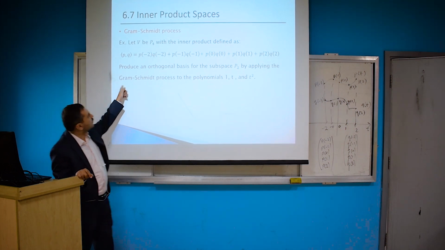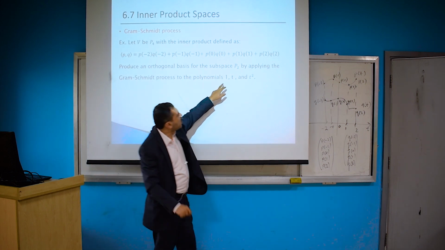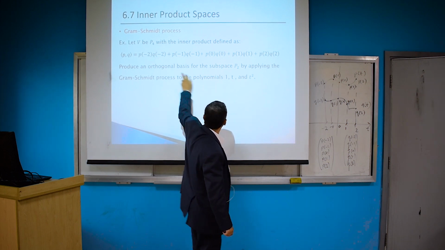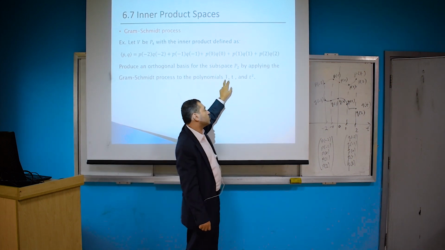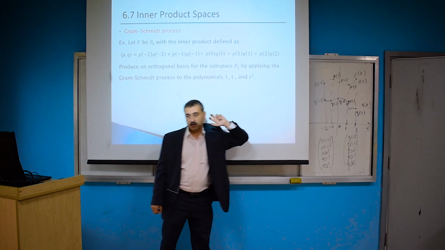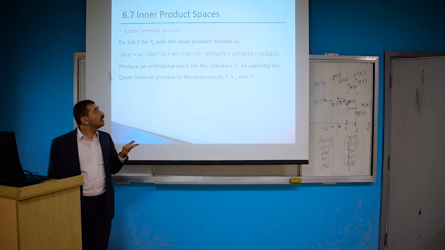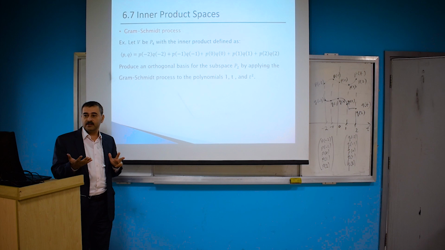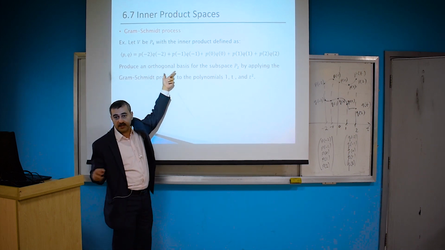So let's take this inner product and produce a basis for P2. I want the basis to be an orthogonal basis for these polynomials, 1, t and t squared. If I give you 1, t and t squared and ask you to build an orthogonal basis, I have to tell you what the inner product is, to know the meaning of orthogonality.